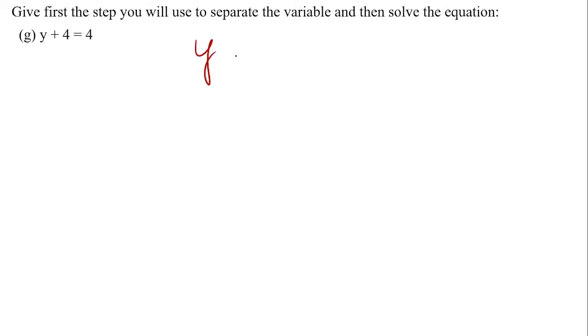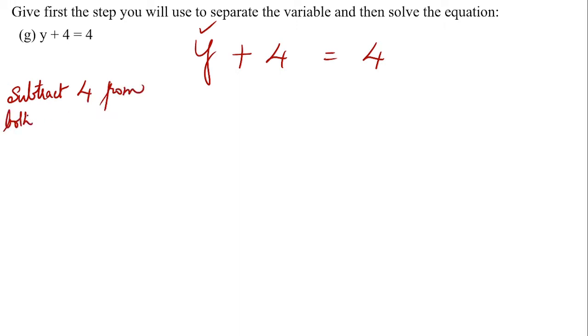Likewise, y plus 4 is equal to 4. Unknown number is y, and then you have plus 4. When you have plus 4, what will you do? You will subtract. So subtract 4 from both the sides.